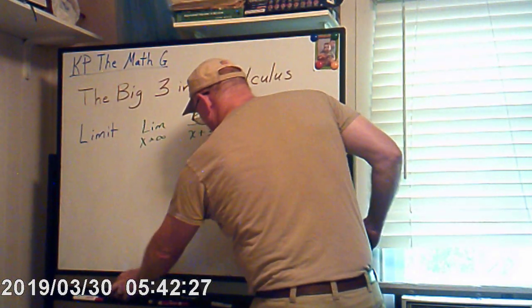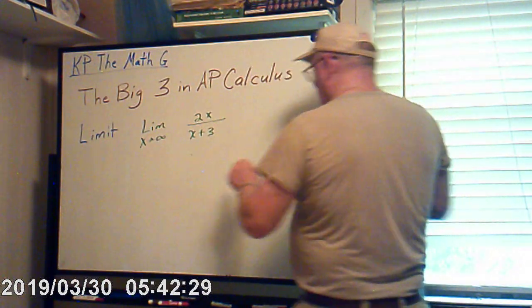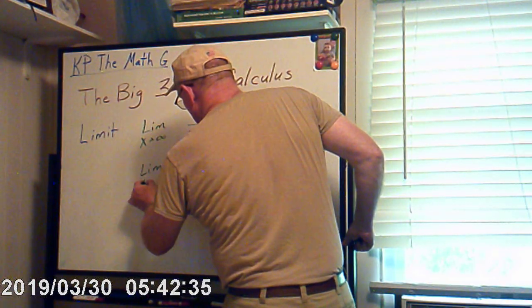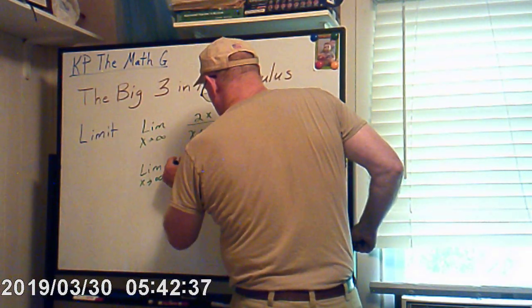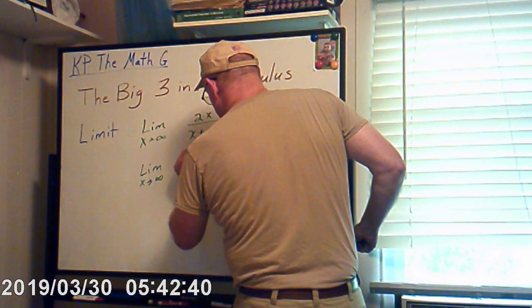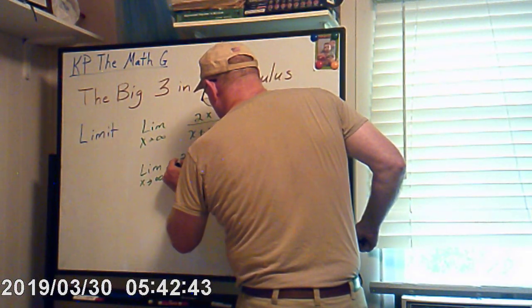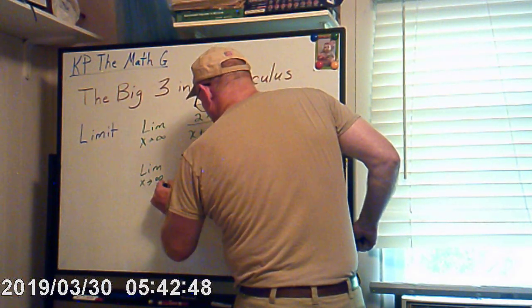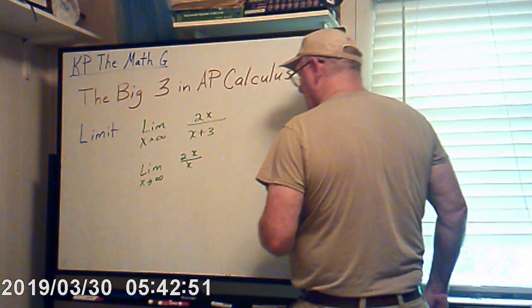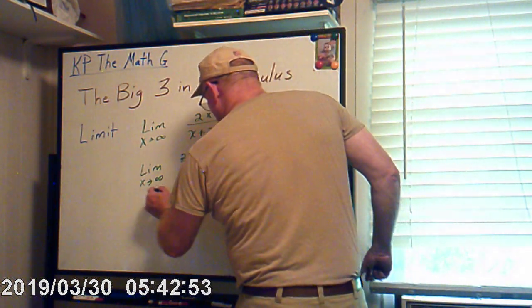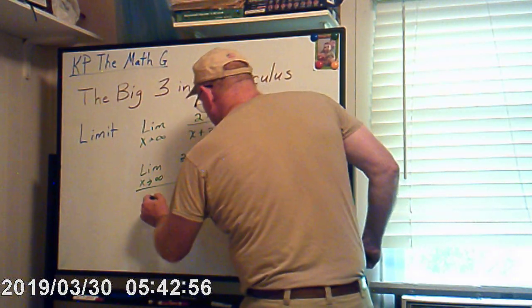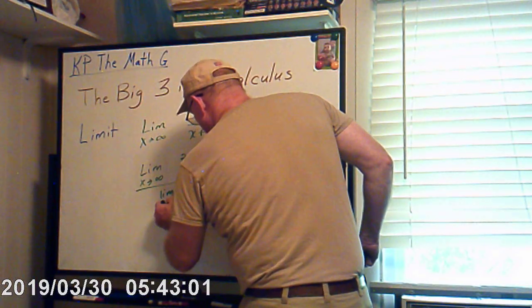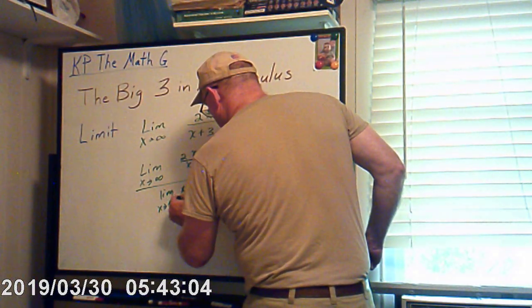So here's what we're doing. I want to show you what we can do here. Alright, so we've got the limit as x approaches infinity. I'm going to have 2x, and I'm going to put the numerator over x, and then the denominator over x.